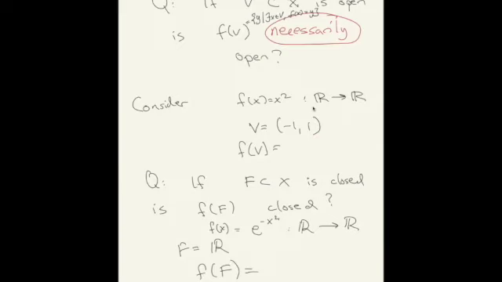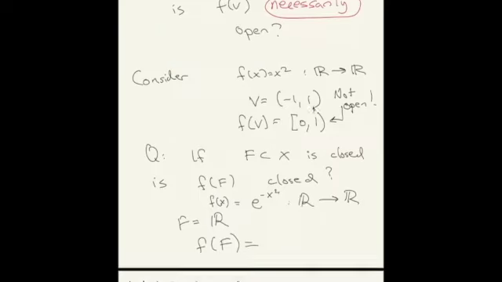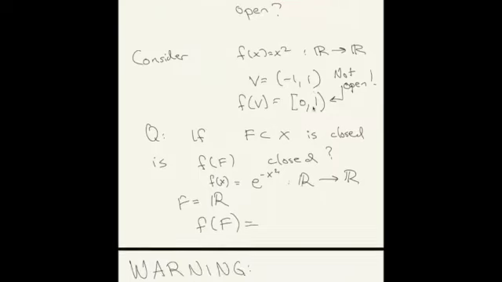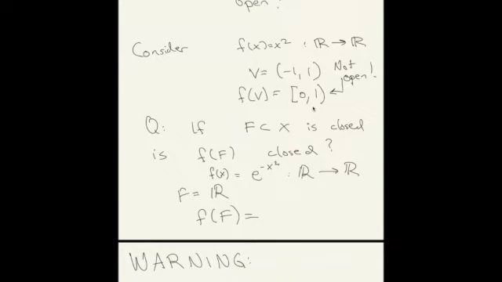If you take f of V, so all the values, then what you get is 0 to 1, which certainly is not open. It's not even closed, so it's not open. Okay, so the images of open sets can fail to be open even for the simplest of functions. So you have to definitely be careful of that.